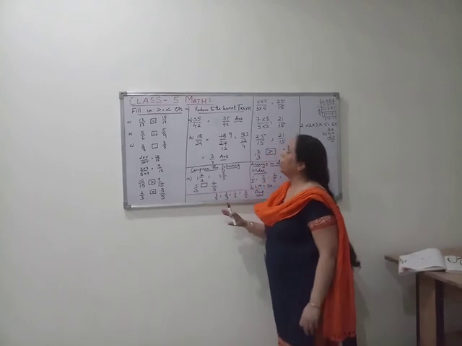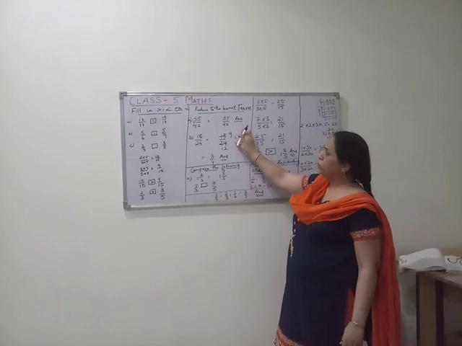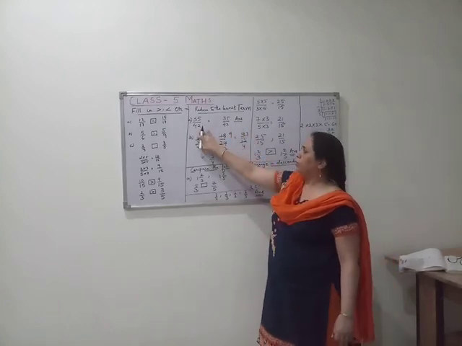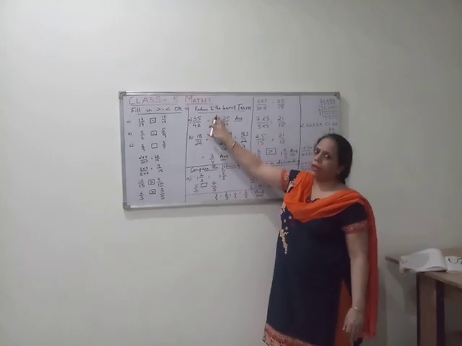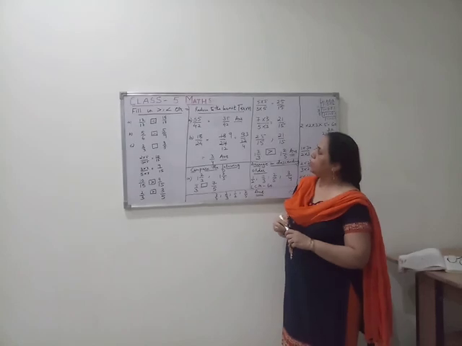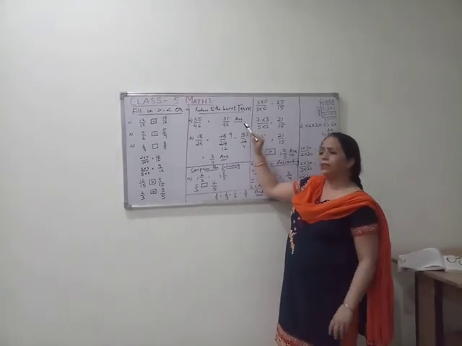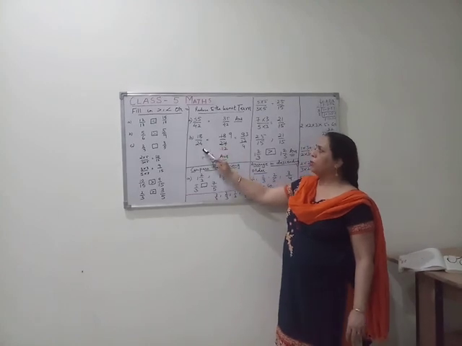The next question is to reduce to the lowest term. We will reduce the fraction if both the numerator and denominator can be divided by the same number. If they cannot be divided, then we will just write the same fraction. In the second case, 18 upon 24, we can reduce the fraction.